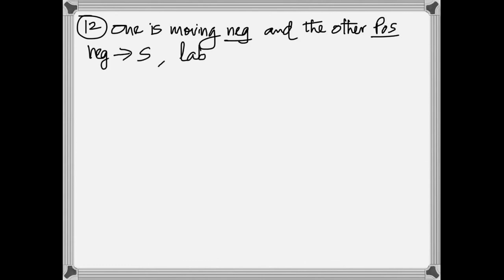We will take the one that's moving in the negative direction as S, and we'll take the lab. Just like we took the Earth and one of the rockets, we're going to take the lab and the one particle that's moving in the negative direction as the frames of reference. So the lab is the S prime frame. Now what's the velocity of the lab with respect to S?